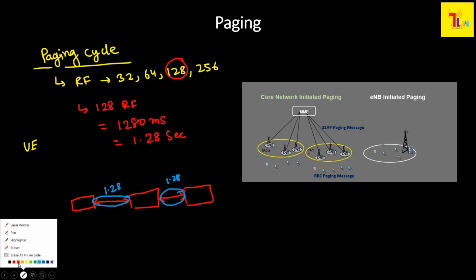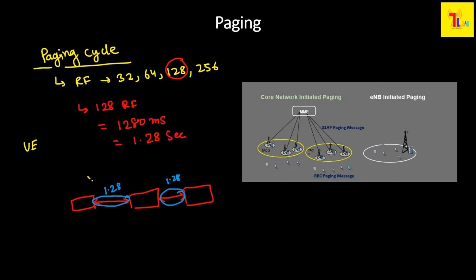So at this particular time it is in wake mode, tries to see whether any paging information or any data is there, PDCCH is there, so it will decode. If not, again it will go into sleep mode. This is what exactly the paging cycle is.